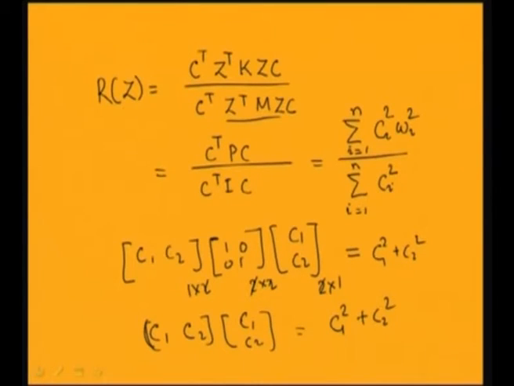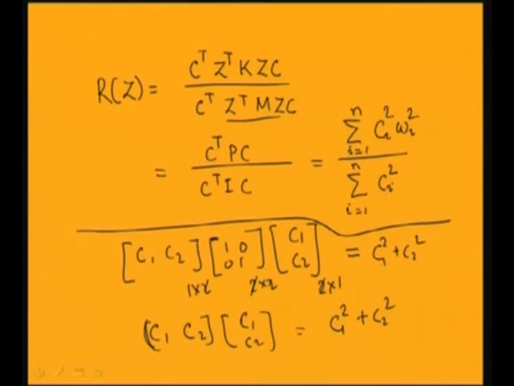So, this Rz you can now write in this form. The expression for Rz you can write as the summation over i equal to 1 to n of Ci square omega i square, divided by the summation of Ci square. In this way you can find the expression for this Rz.